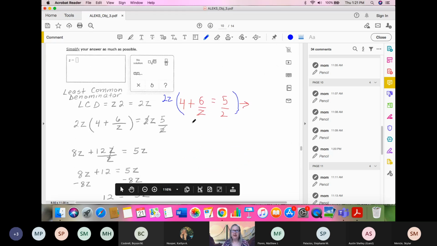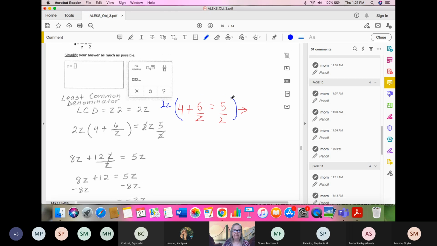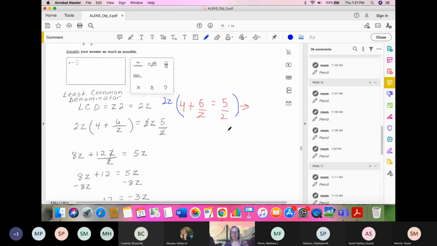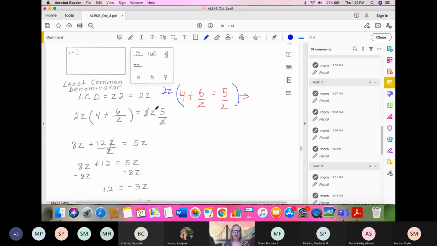And that means 2z times 4 plus 2z times 6 divided by z equals 2z times 5 over 2. Or you could write it like this, 2z times the left side equals 2z times the right side, whatever you choose.